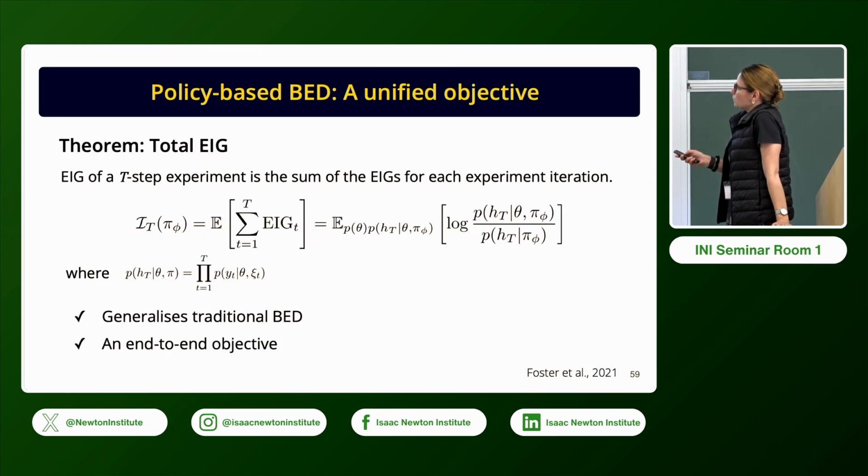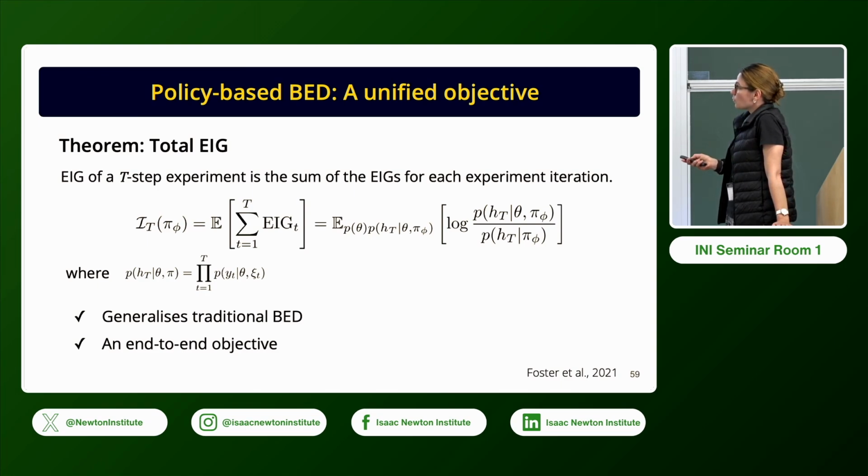And here is the formal definition of it. We have what we call the total expected information gain, defined as this expectation under our model of the log of the likelihood of our history divided by the marginal of our experimental design history.